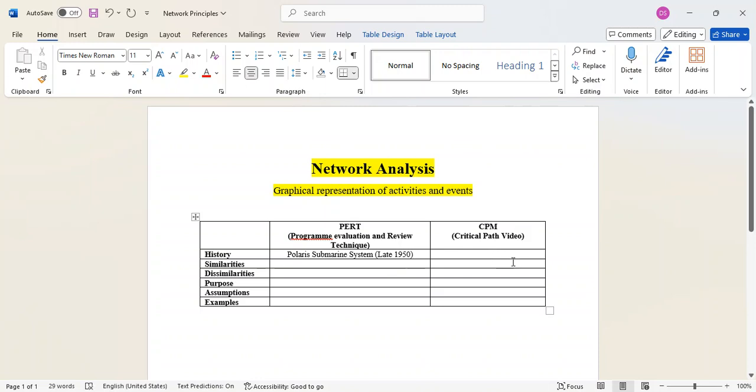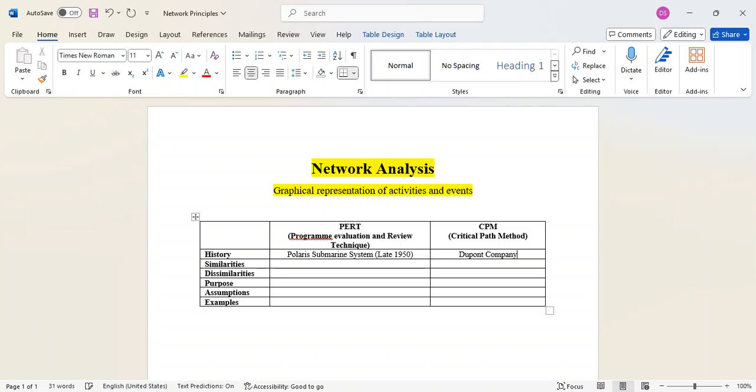Similarly, CPM, critical path method. Critical path method came first in the DuPont company.